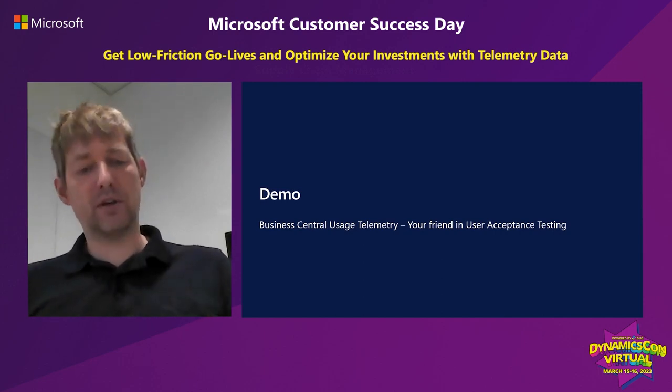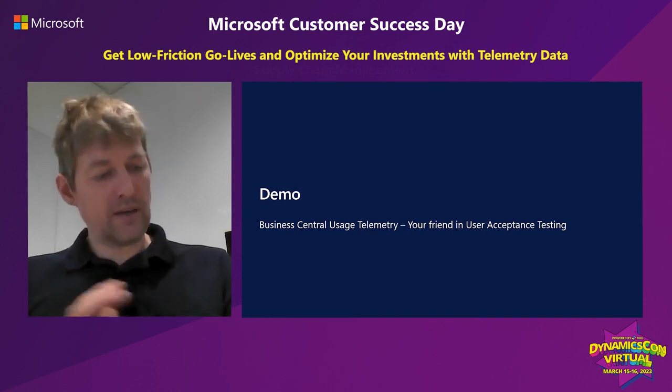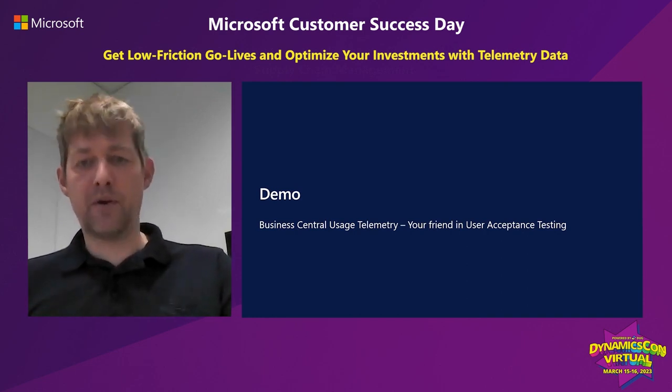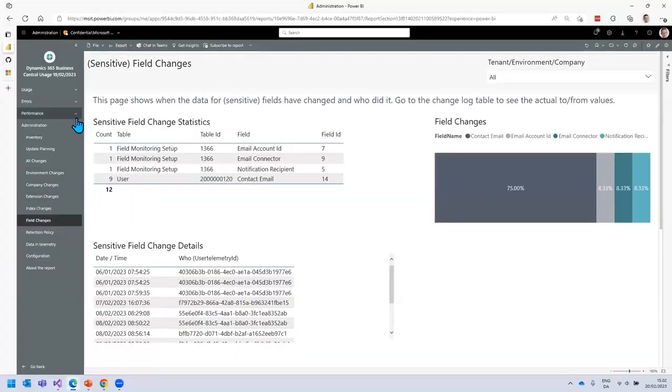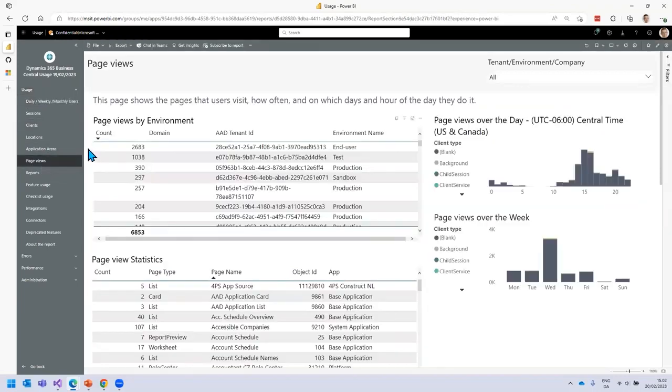So let's go back to the Power BI report on the usage report and look at a few scenarios here. I would just go back up here to the usage report and dive into the first, which is page views. Page views is which pages in the client have been visited by users.